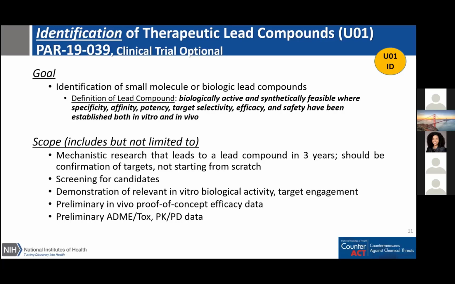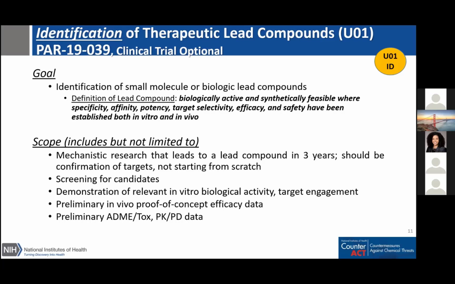The scope can include confirmatory mechanistic research, but there should be reasonable expectation that the compounds you are testing could work. If your research is at a more exploratory stage, that is fine, but you might be better suited to apply for one of our R21 funding opportunities that Dr. Spriggs mentioned.